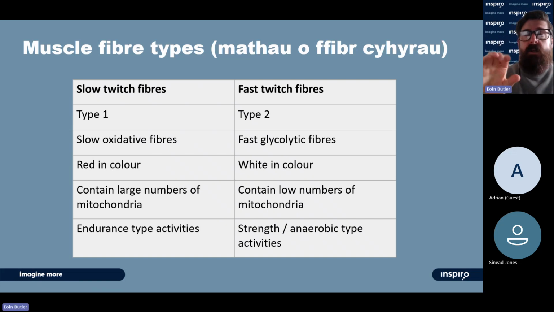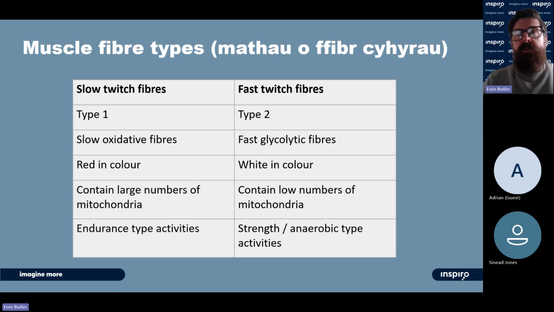Our characteristics of slow twitch fibers. They are known as type 1 muscle fibers. They are slow oxidative fibers, so they need lots and lots of oxygen supply to work properly. They use oxygen, but they use it slowly. They are red in color.